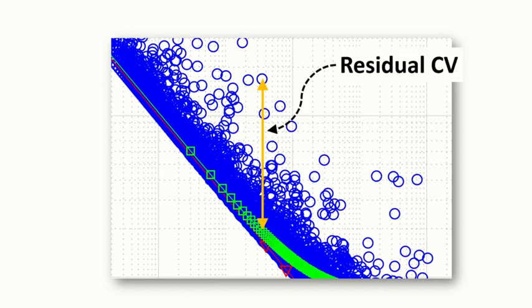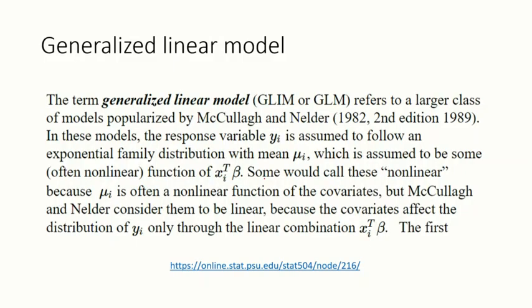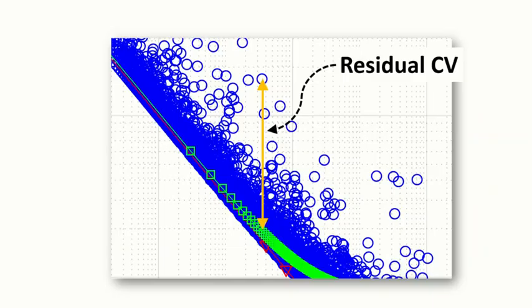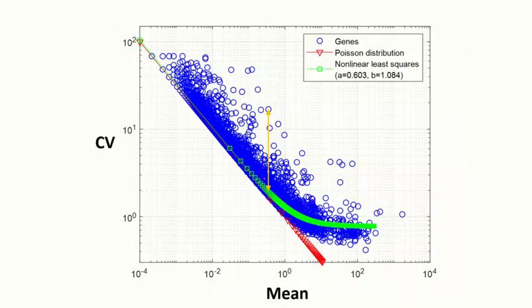Basically, if you jump away from this curve to a larger distance, then you have a more variable expression measurement. So in this case, we used this linear regression to use the mean to explain CV.